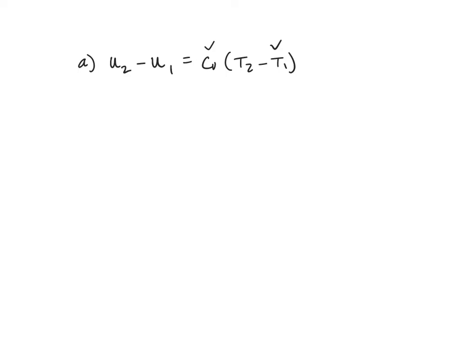We don't actually have T2 yet, so we'd have to use one of our other relationships to get that. For part B, we're going to use the table. So internal energy at state 2 is a function of T2. Internal energy at state 1 is a function of T1. And this is going to come from A22E.